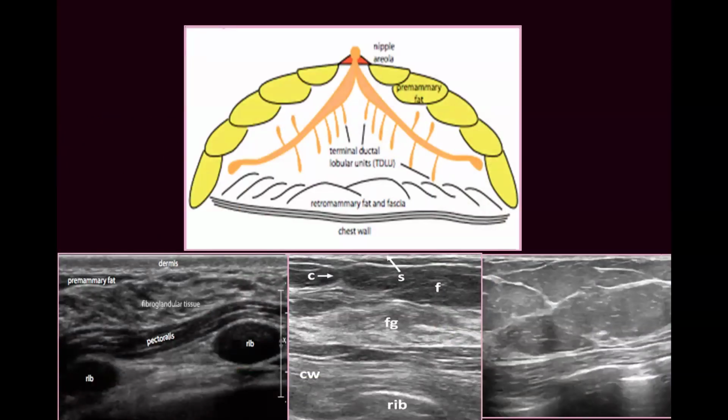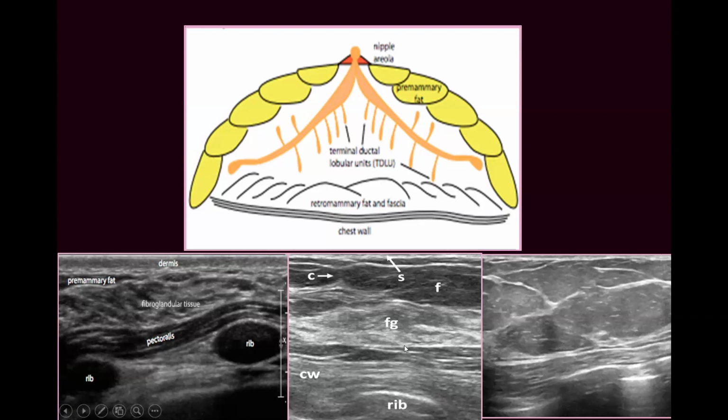At any moment while scanning the breast, we need to keep in mind an illustration of the gross as well as microscopic anatomy of the breast. It will help us too much, as well as the breast physiology. Here, this is definitely a glandular breast, the glandular component filling almost the whole breast with paucity of the pre-mammary and retro-mammary fat, the fibroglandular tissue resting on the pectoralis.